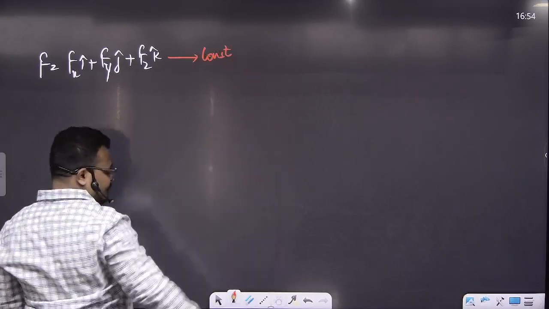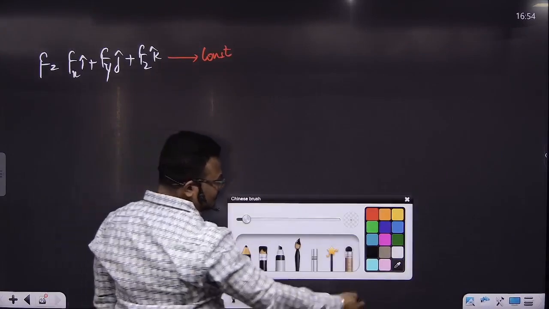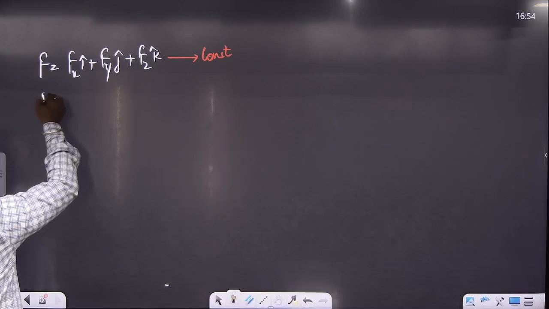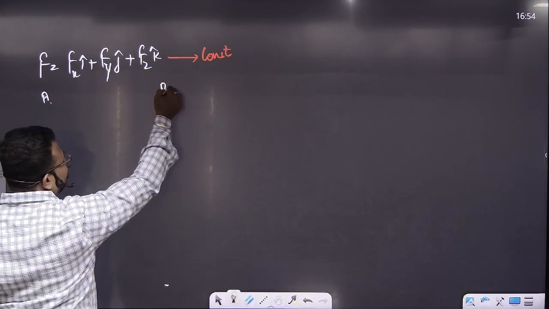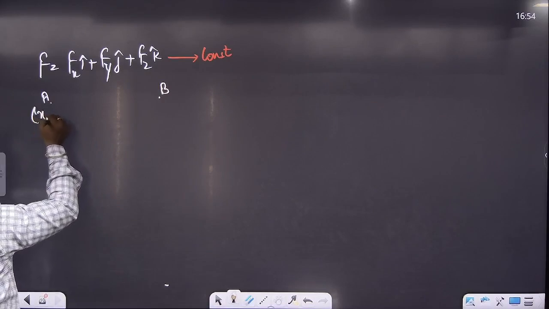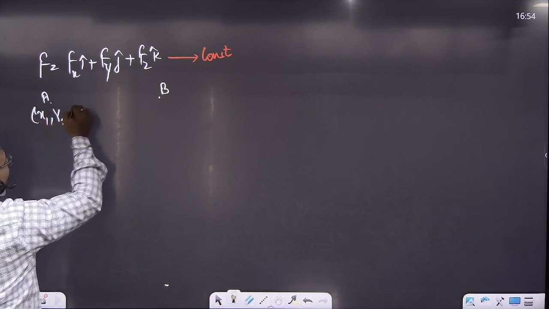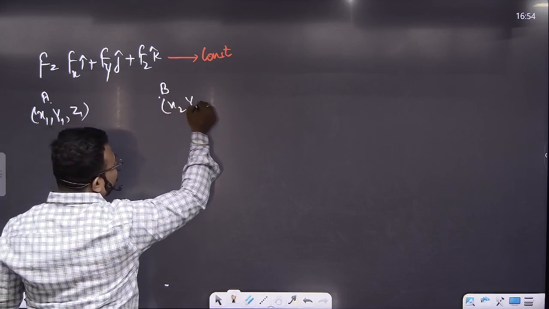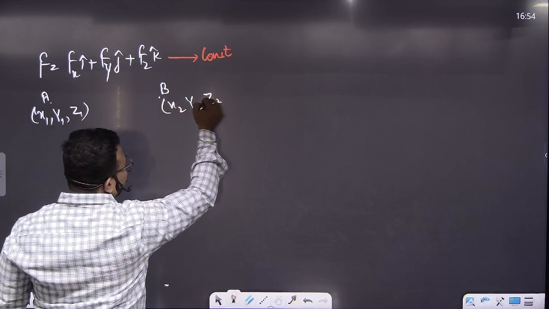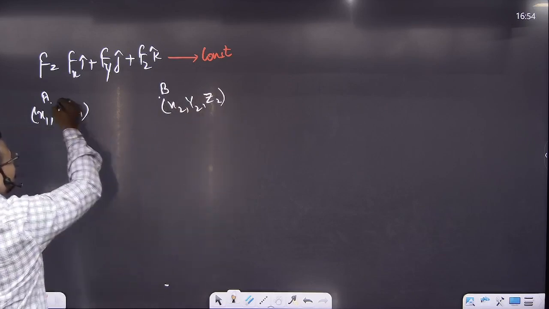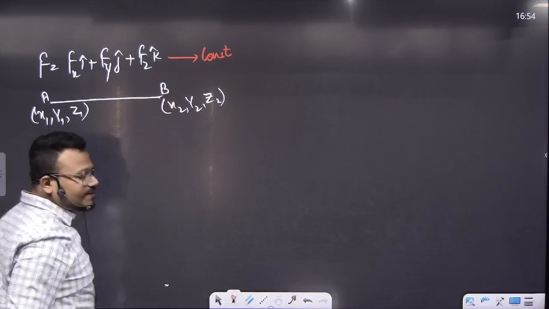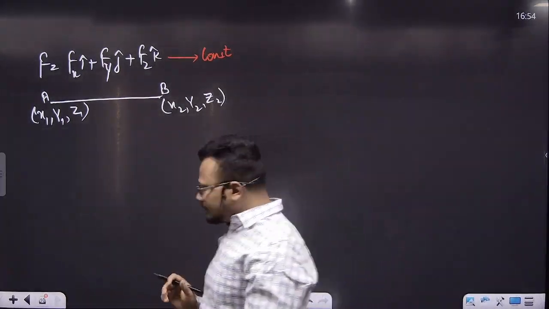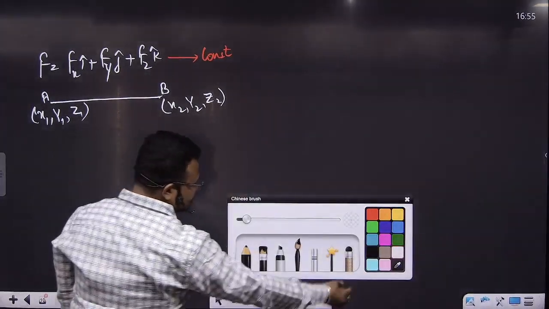Here I am considering that one particle is moving from point A to point B. Here it has x1, y1 and z1, and here it has x2, y2 and z2. When it is moving from A to B, what will the position vector R be?